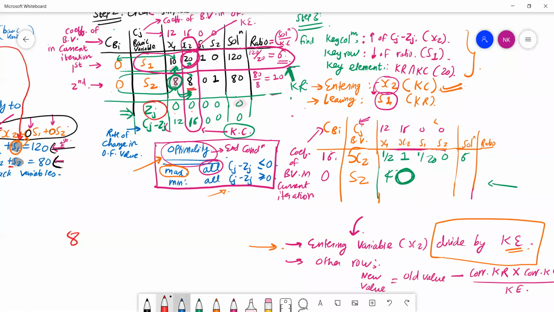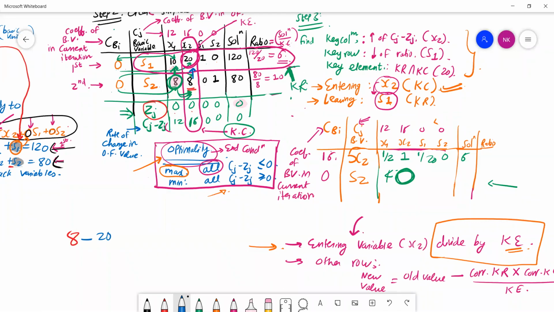Now, with reference to this 8, what is the corresponding key row value? It's 20. So you can see over here it's 20. So minus 20.